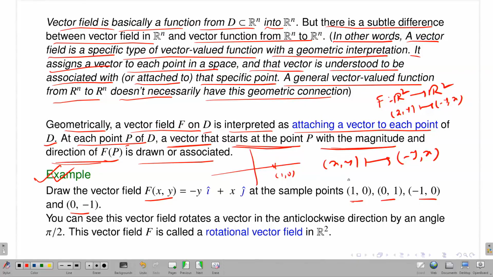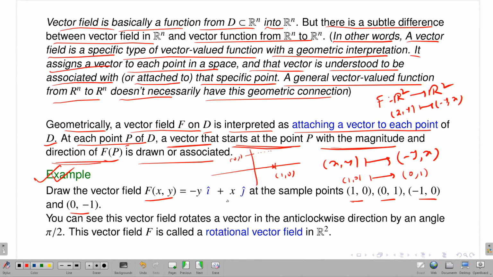Now under this map, 1 0 goes to where? Here y is 0, so this should be 0 comma 1, right? So 1 0 maps to 0 comma 1. So this is my 0 comma 1. That means I am associating a vector at the point 1 0, and this is actually minus y times i cap plus x times j cap.